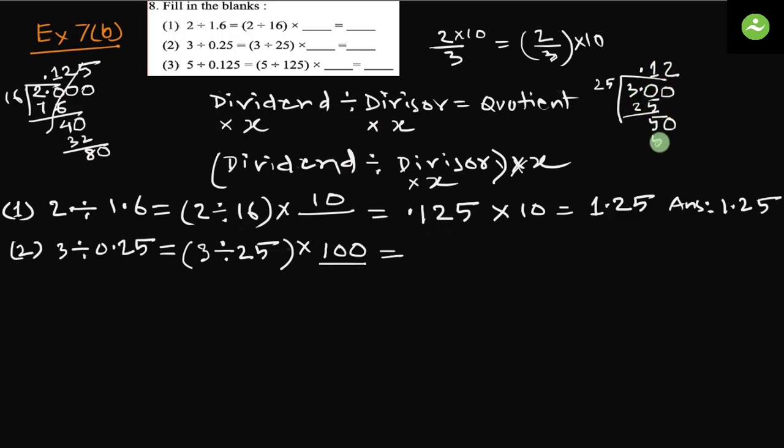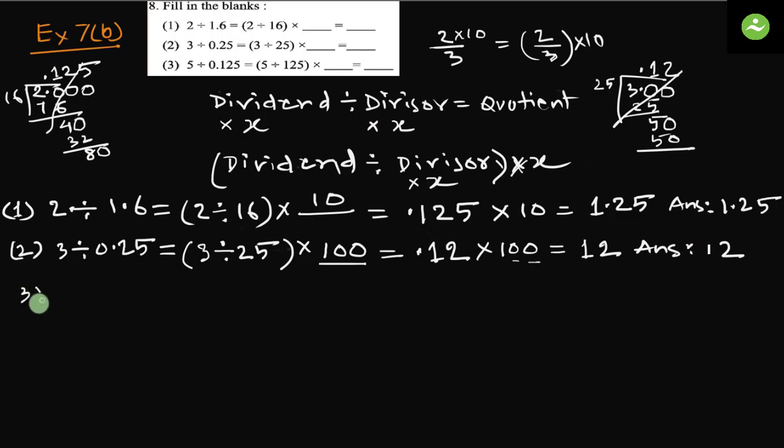So 0.12. The result of 3 divided by 25 is 0.12, and there was multiplication by 100. Now how many digits will the decimal point move towards the right? 1 digit, 2 digits, so it will be 12. The answer is 12.